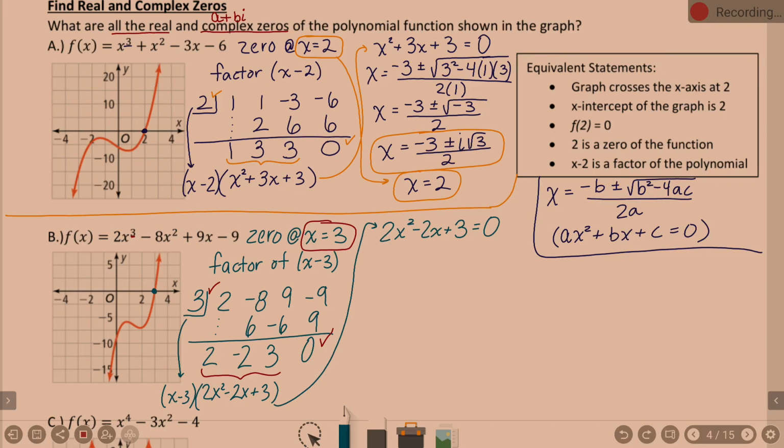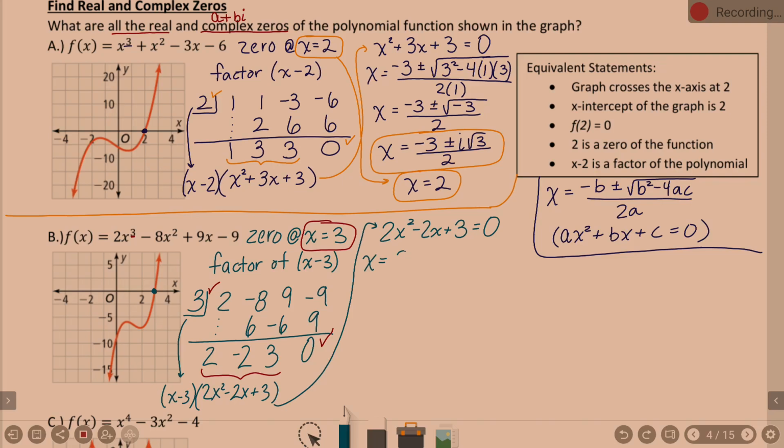So we're going to jump straight to quadratic formula. We already did synthetic division. So, x equals -b. Well, if b is -2, when I say -b, we're going to put in 2.